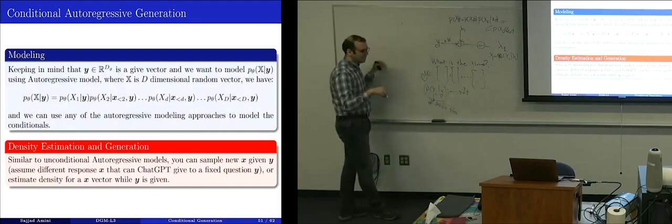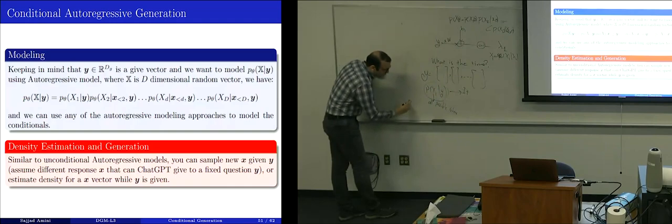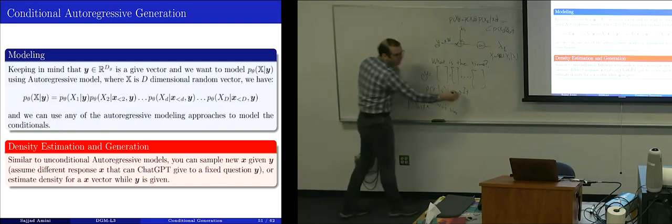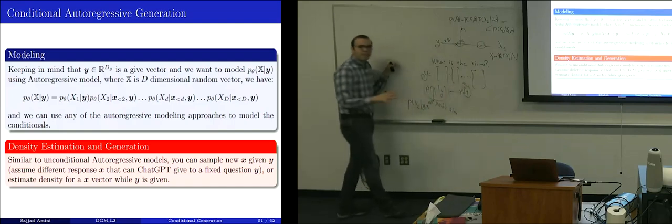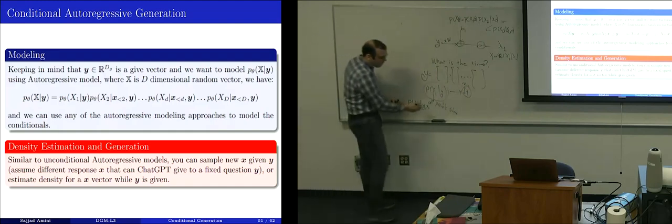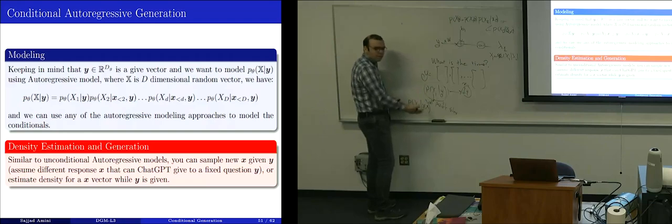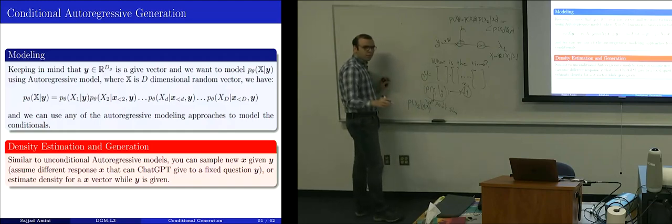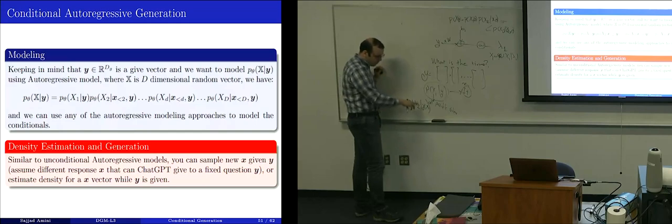What happens in the next step? ChatGPT models this distribution, P of x2 given y and x1. x1 is this one. Because x1 is generated, it is a vector. It is given to you. And ChatGPT, in its nature, can model it. For example, it has the RNN. RNN is irrespective of the input length. It can do anything. But in its nature, it is a decoder of a transformer.